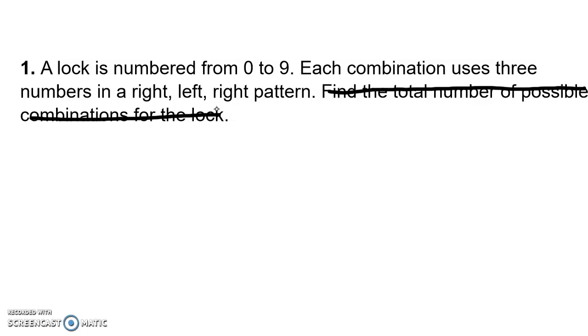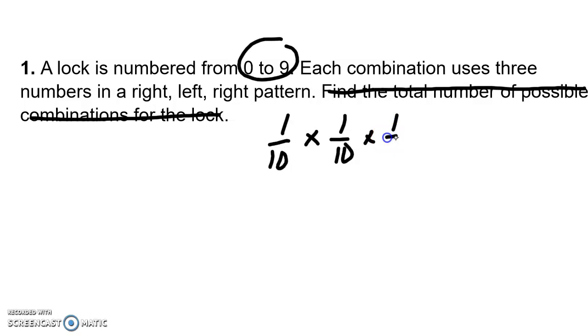If you can reuse the numbers, and you're going to use 0 to 9, that means that there's a 1 in 10 chance, 1 out of 10, and so there's 1 out of 1,000 that they can guess your locker combination. That one, independent, because you can reuse it.